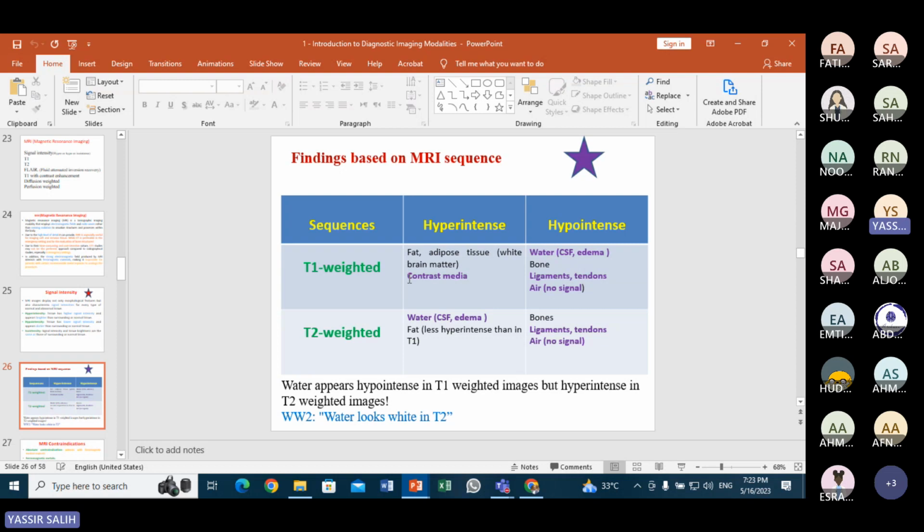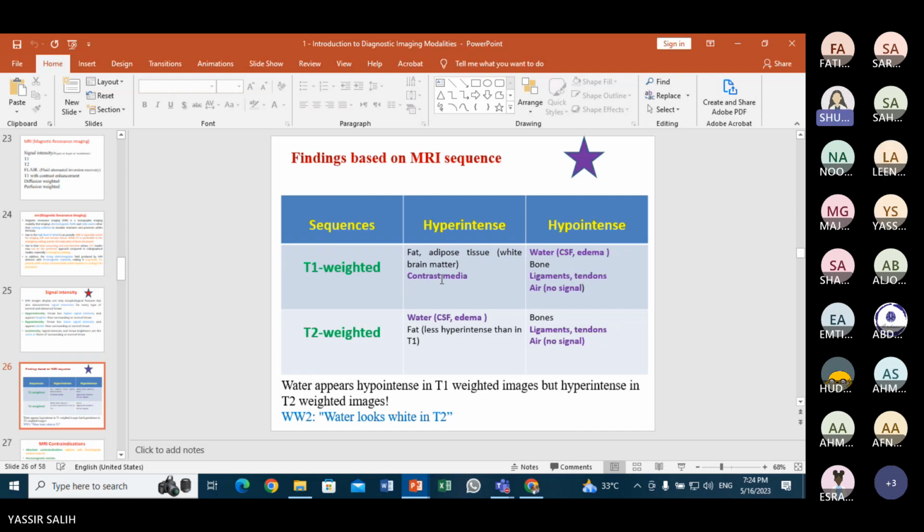Did you notice that contrast media is mentioned in this area only, not in T2? Why? Water is mentioned in T1 and T2, ligament and tendon also, air also, but contrast media in this area only.